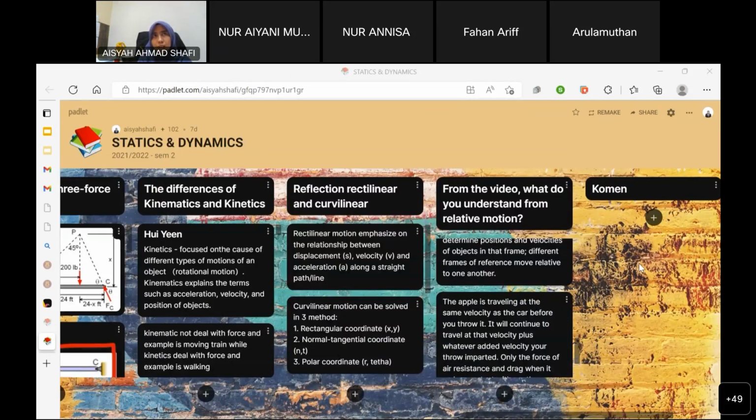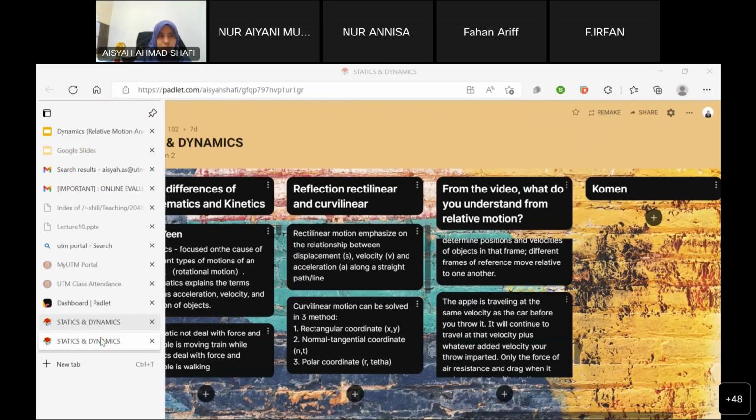Since we have one more week before the study week and the final exam, if there is anything you want me to highlight next week, you can also share it in this Padlet, such as anything you want me to stress on exercises. And if possible, write your name.